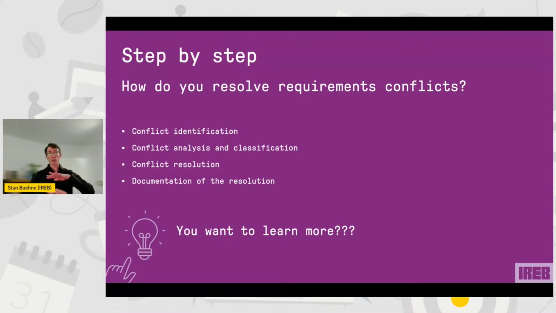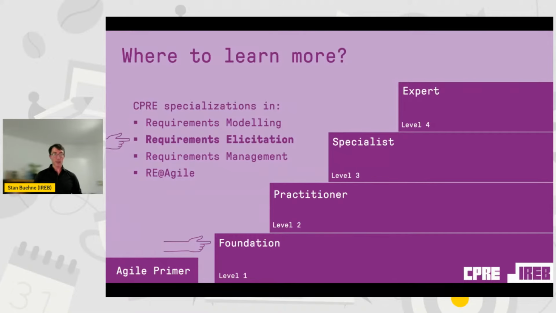This was just a rough overview of dealing with conflicts. So if you want to learn more, maybe have a short look at our foundation level. The handbook and also the study guides are completely freely available on our website.